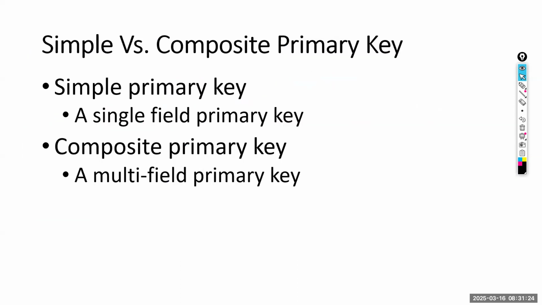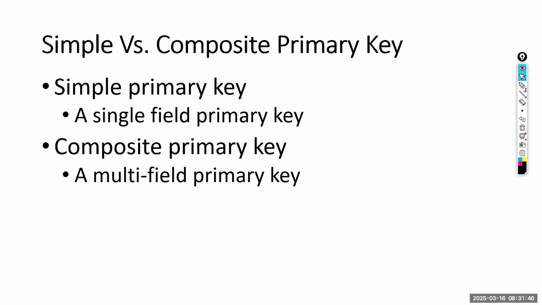Right. So then your primary key can be either a simple primary key or a composite primary key. Simple primary key means it's a single field primary key, like student ID, order number. One single field is selected as your primary key.